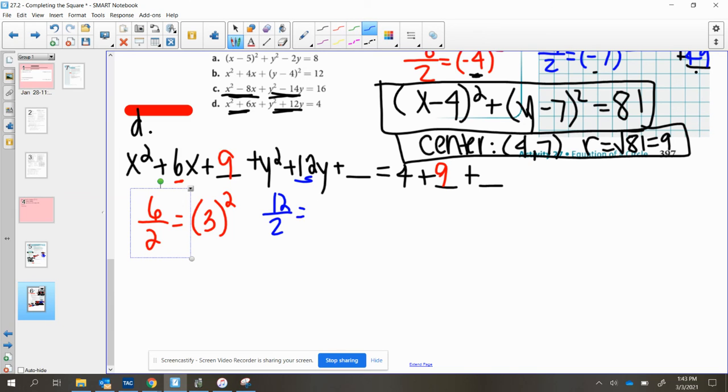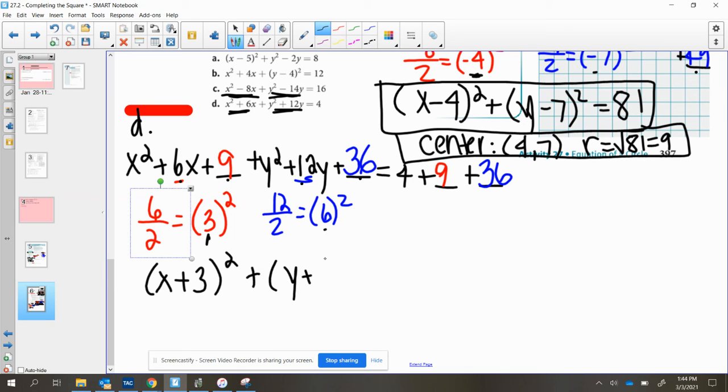12 divided by 2 is 6, squared is 36. On the right-hand side, what multiplies to be 9 and adds to be 6, our value we got when we divided by 2? 3 and 3, so (x plus 3) quantity squared. What about what multiplies to be 36 and adds to be 12? Well, the value we got when we divided by 2, which is positive 6.